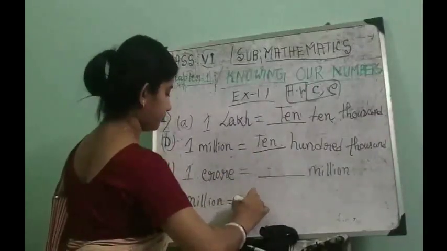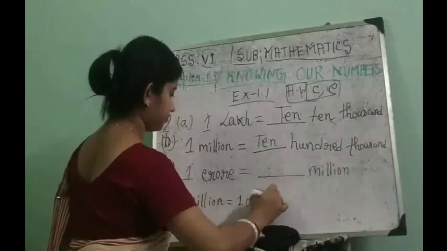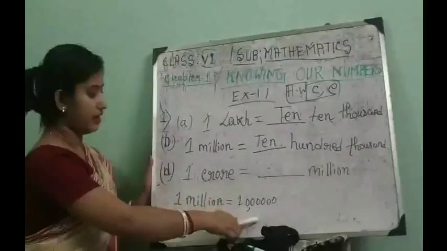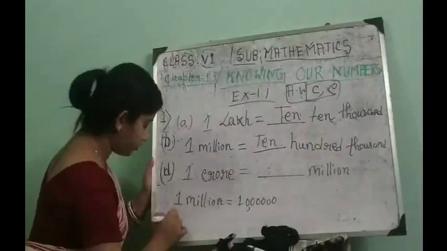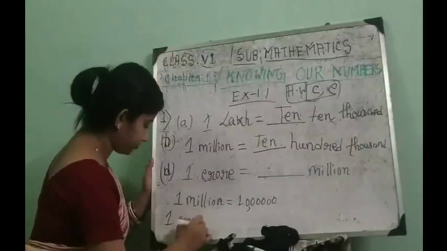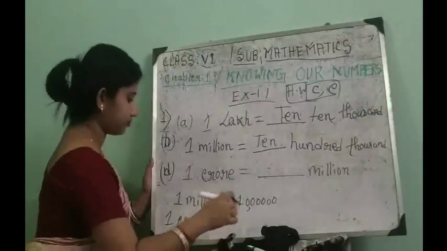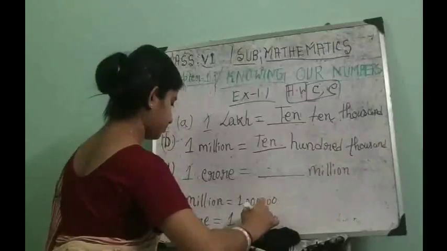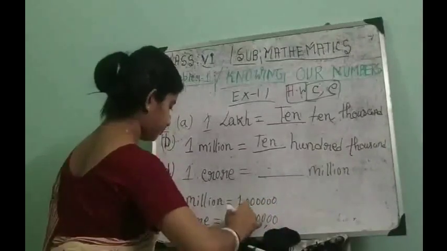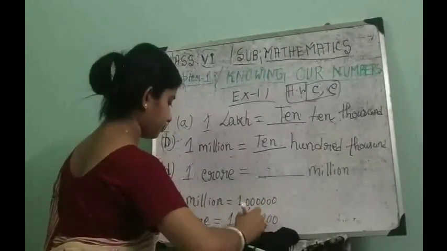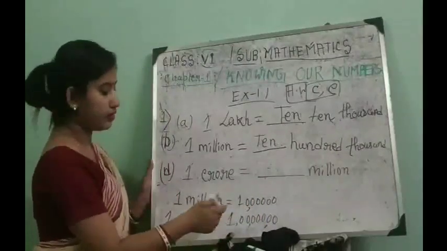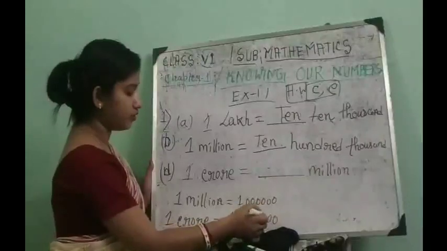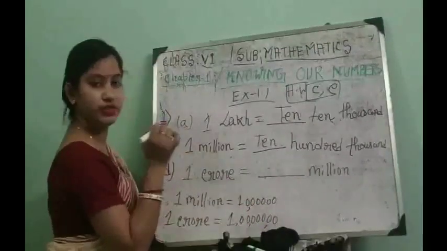So this is 10 lakhs, and 1 crore equals to this is 1 crore. Here 1, 2, 3, 4, 5, 6 zeros and here 1, 2, 3, 4, 5, 6, 7 zeros.